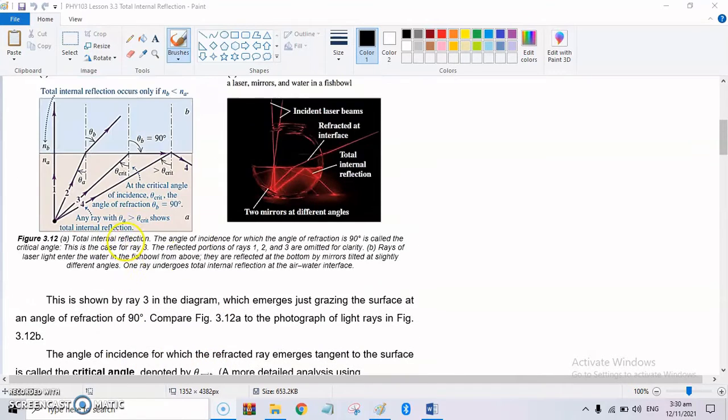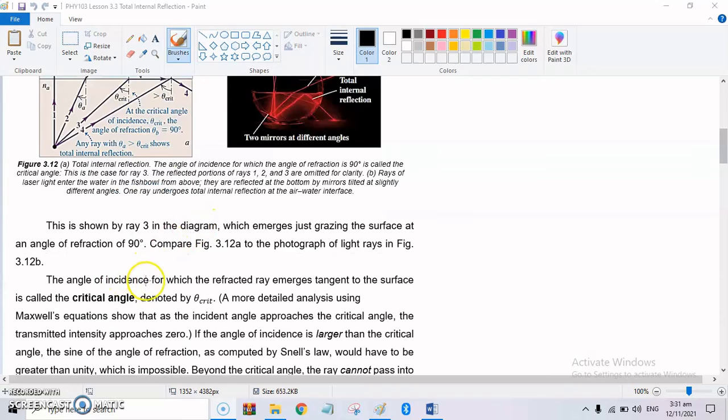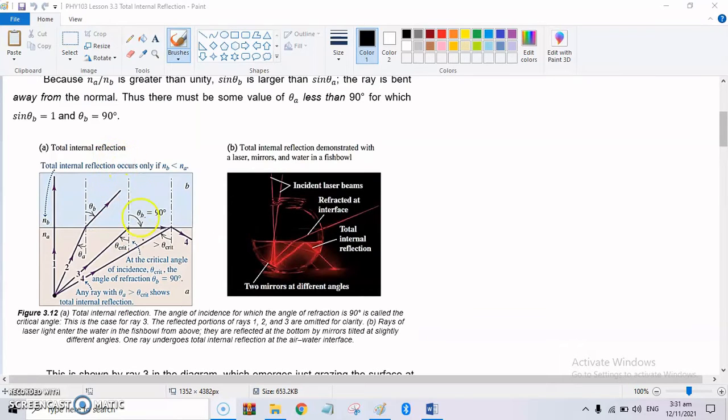This is shown in this diagram, which emerges just grazing the surface at an angle of refraction of 90 degrees. So the angle of refraction from the normal is 90 degrees. The angle of incidence for which the refracted ray emerges tangent to the surface is called the critical angle.